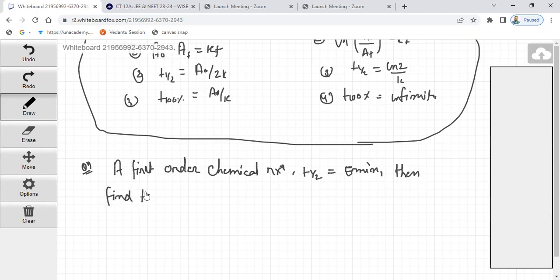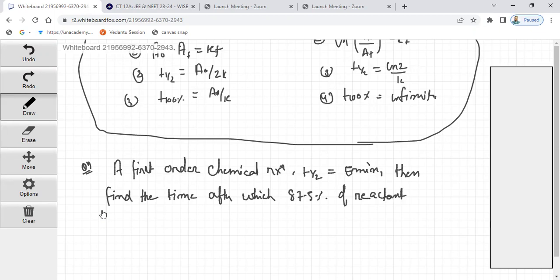Find the time after which 87.5% of the reactant is converted into product.